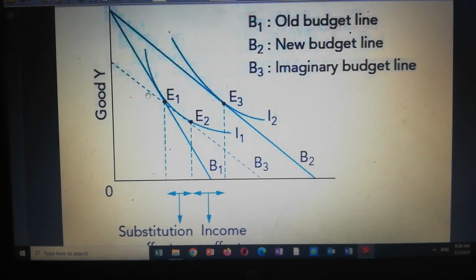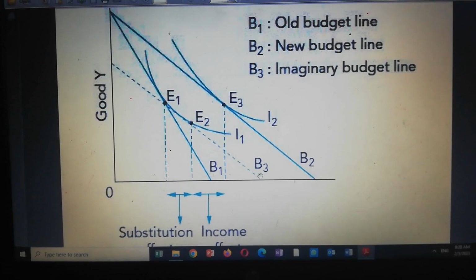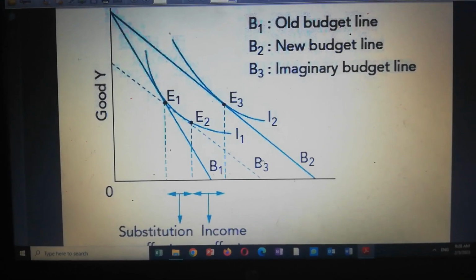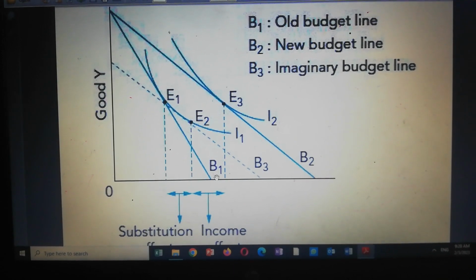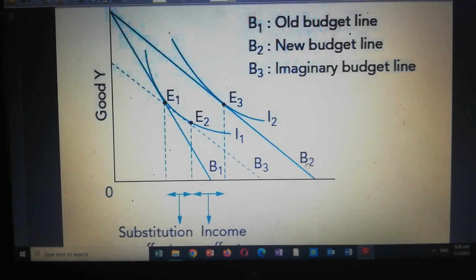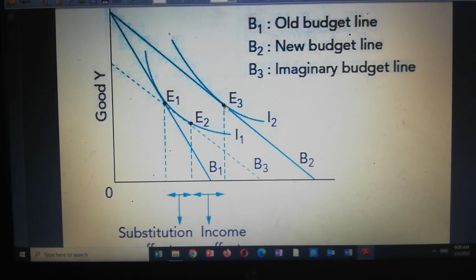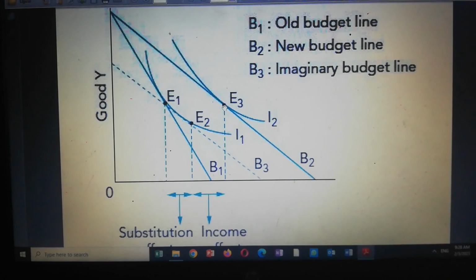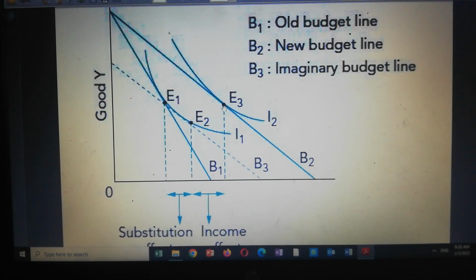This creates an imaginary budget line here, B3. But with time, there is now going to be a shift from B1 to B2 of the budget line, caused by the increase in real income, which will result in us moving to a new point here, which is now budget line 2, with a new equilibrium point, E3.